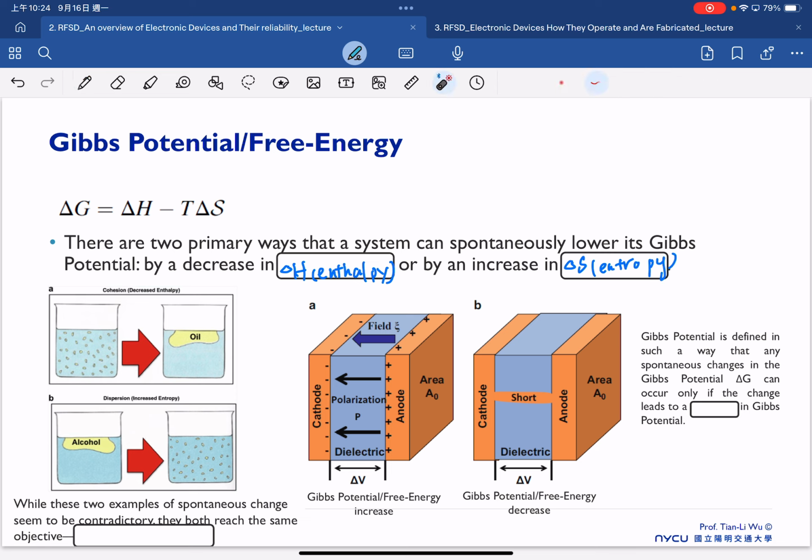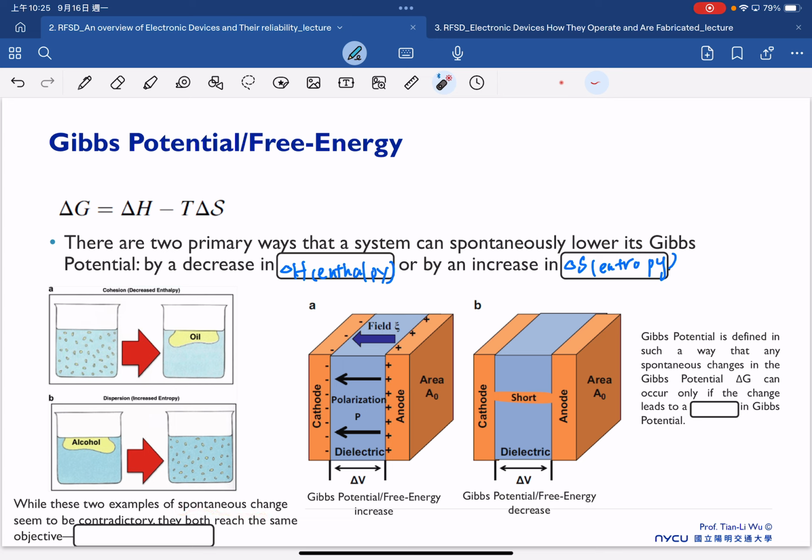So if we want this to be as negative as possible, either we decrease this or we increase this one here. Then you can start to see how the system gradually moves in order to reach thermodynamic equilibrium.